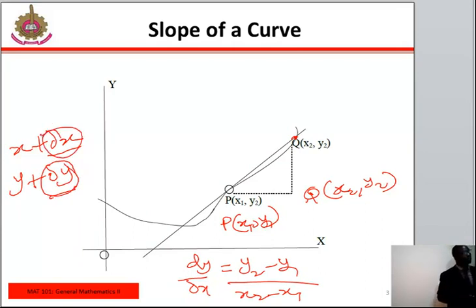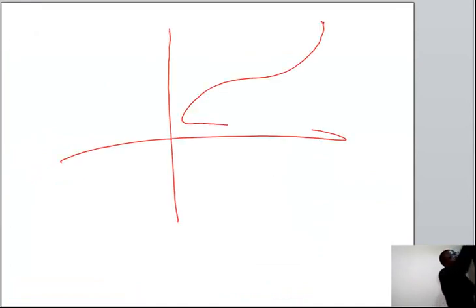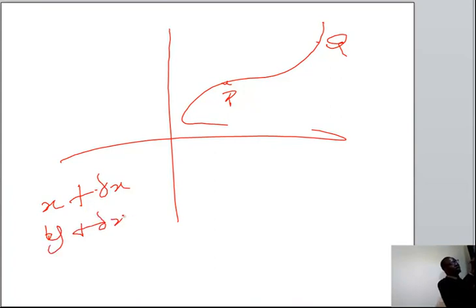You must take this into consideration. Now having this kind of thing on the curve, P and Q, your x increases by delta x and your y increases by delta y. This is x2 and this is y2.